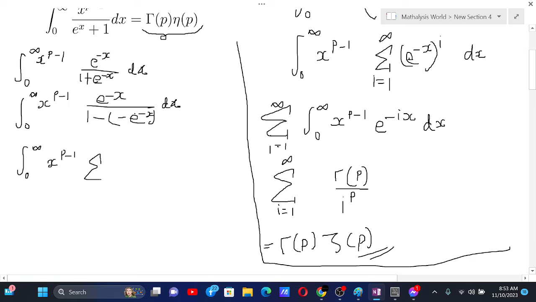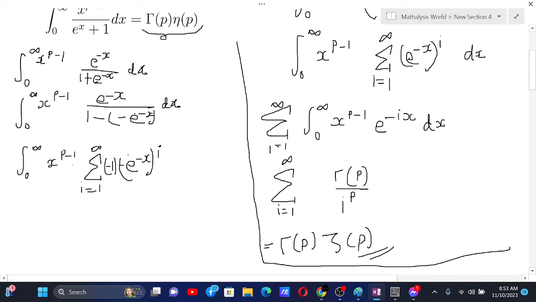The sum from i equals 1 to infinity. Here the first term is e to the power minus x, and here minus to the power i, but to make the first term positive, since the first term is just e to the power minus x, we can add minus 1 here, that will be a good thing to do.